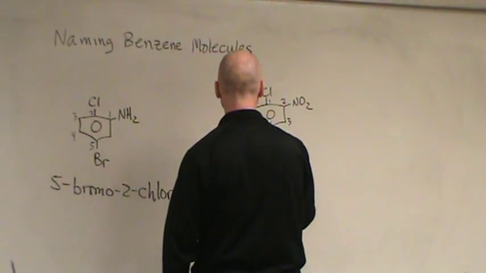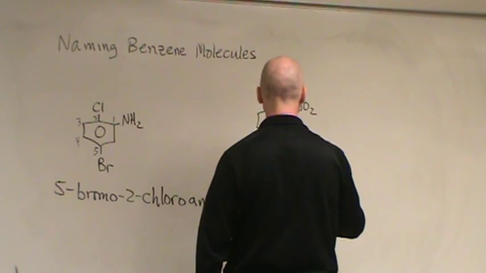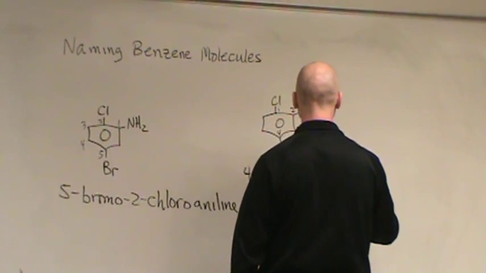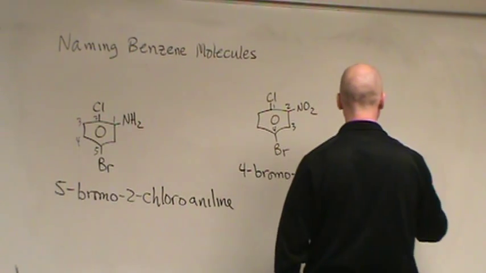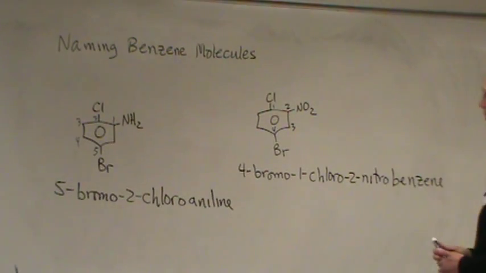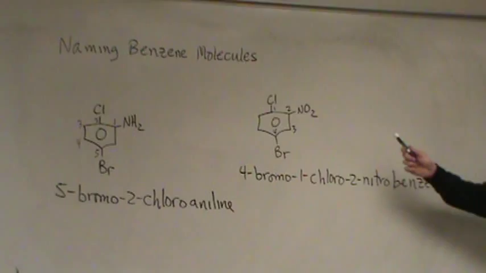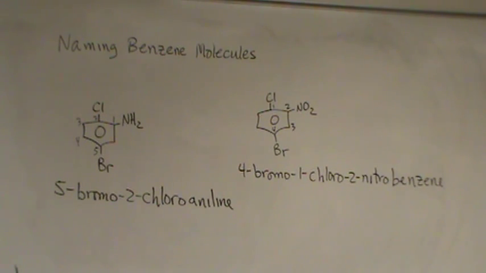So this would give us 4-bromo, 1-chloro, 2-nitro, and now benzene. Okay, so now it's named as a benzene because there's no trivial group on that ring.